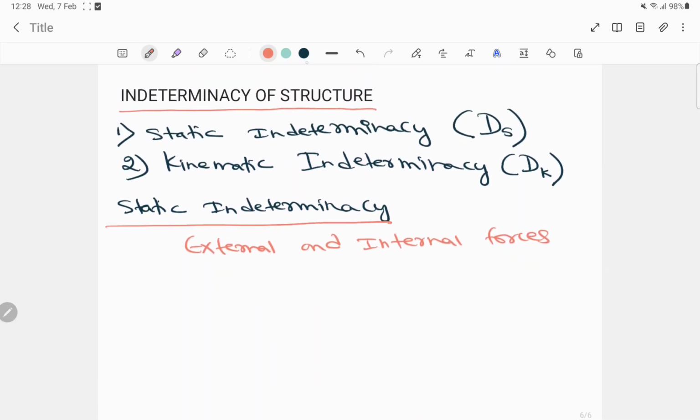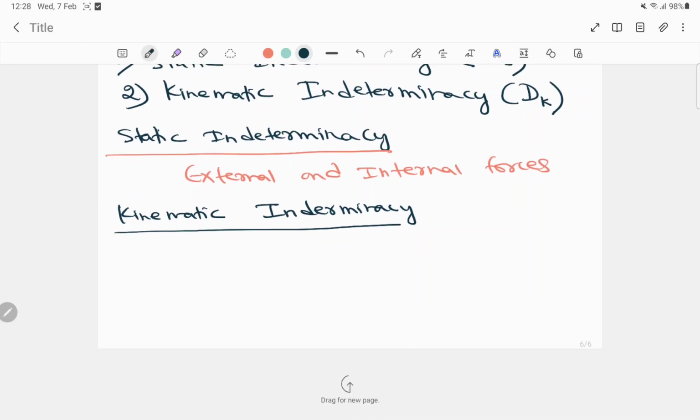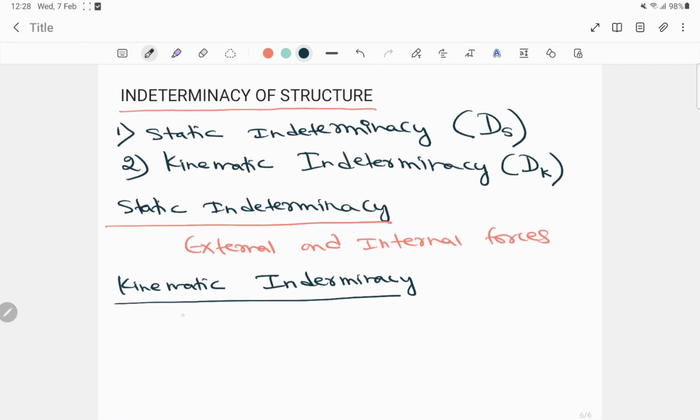And in case of kinematic indeterminacy, the main focus is to know the rotation and displacement. Now I'll briefly discuss static indeterminacy.